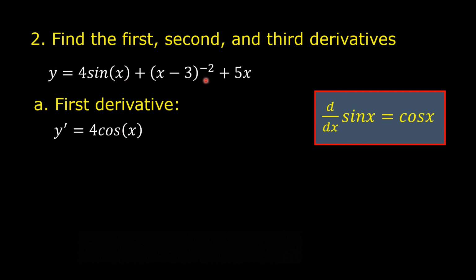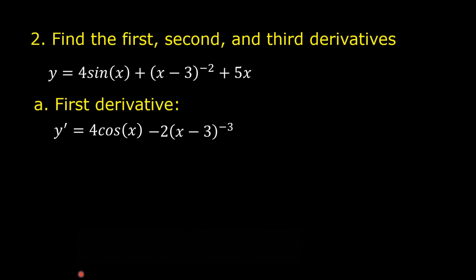And then using the power rule, we get negative 2 times the quantity x minus 3 raised to negative 3 plus 5. This can be written as negative 2 times the quantity x minus 3 raised to the exponent of negative 3 plus 5 plus 4 cosine of x.